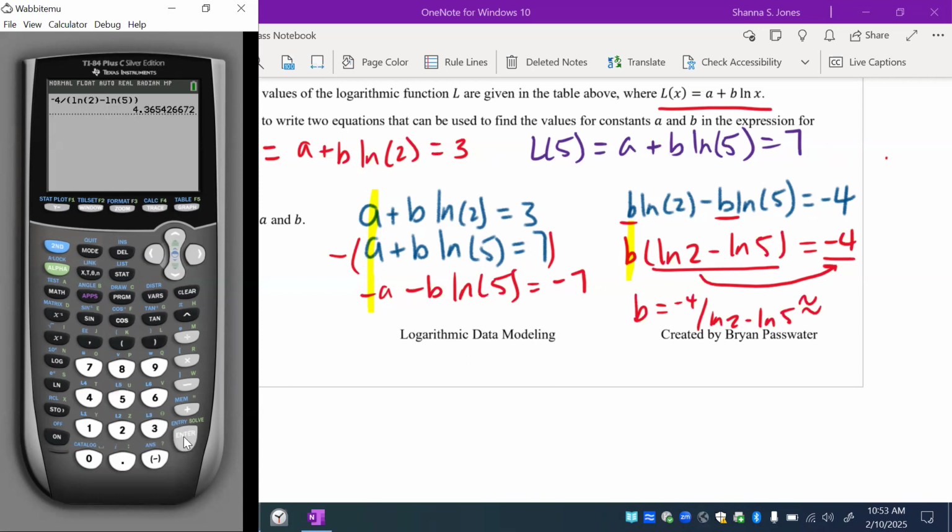And I get that the approximate value is about -4.3654, good enough, 4 decimal places. So now that I have my B, can I solve for A?